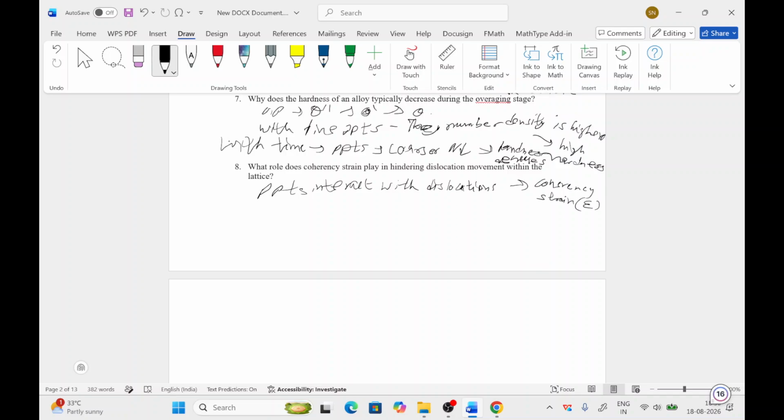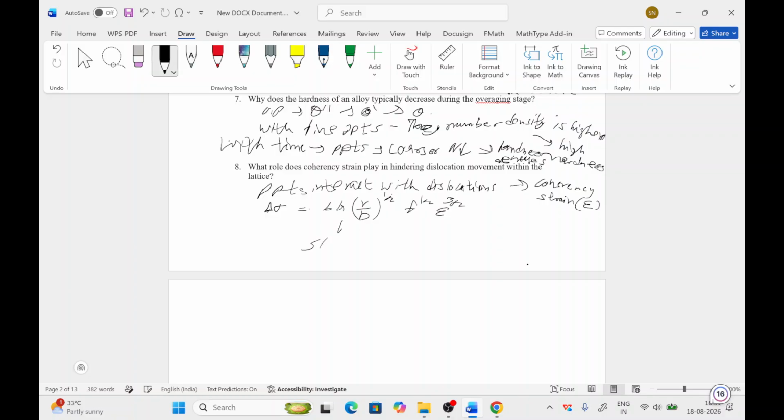The increase in applied stress from this coherency strain can be written as 6G (R/B)^(1/2) f^(1/2) epsilon^(3/2).